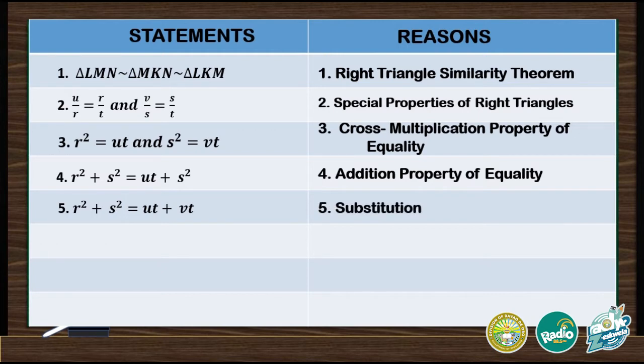The next hint is factor the right side of statement 5. What could be the result? Correct! R squared plus S squared equals T quantity U plus V. The reason for that is common monomial factor.